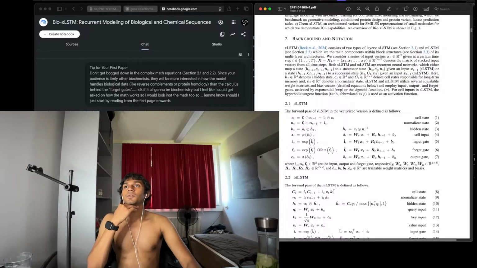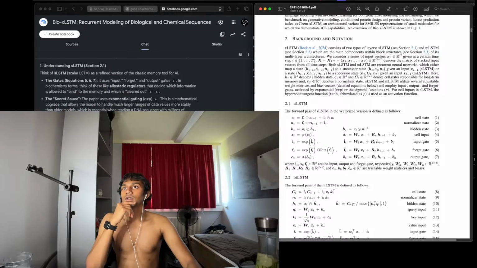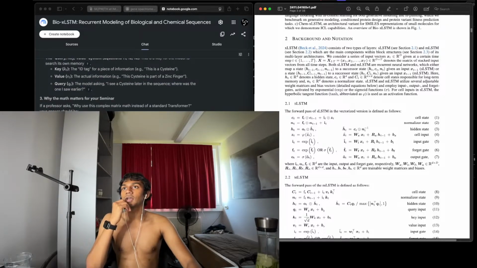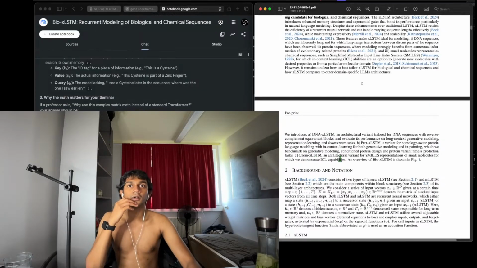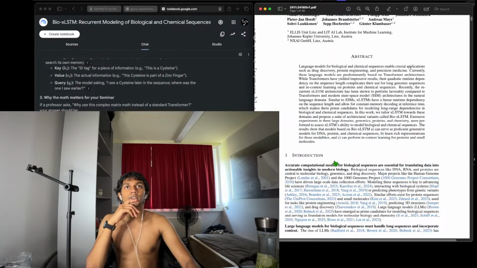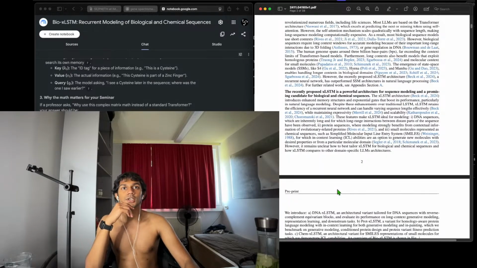Reading a research paper linearly can be overwhelming. Okay, I read that. Since you're concerned about how the math works, here's the biochemistry understanding. Okay. How to tackle that seminar. First, reread the introduction, section 1. Where is it? Is this the introduction? Okay. So first I read the introduction and discussion, section 5.